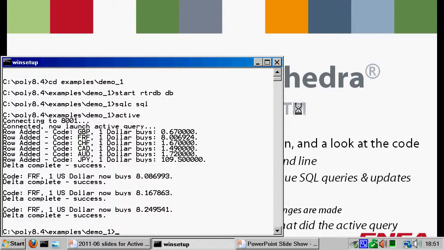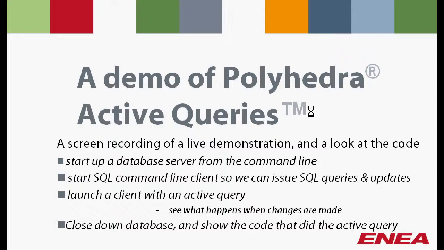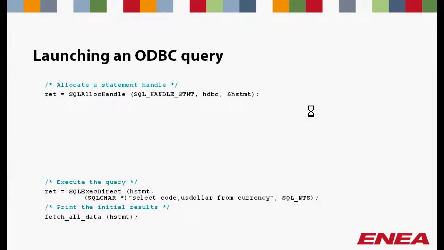We're now in a position to look at the code that underlies the active queries launched by the client application. Normally when you're just launching a normal, non-active query, then in ODBC you allocate a statement handle and then use this statement handle to specify the query you want to launch.